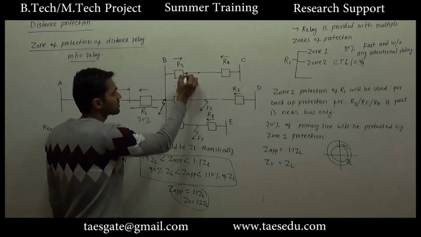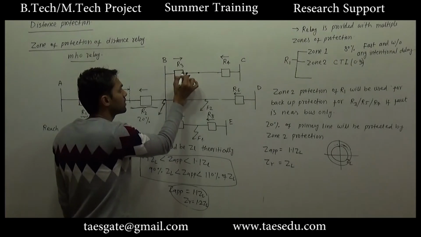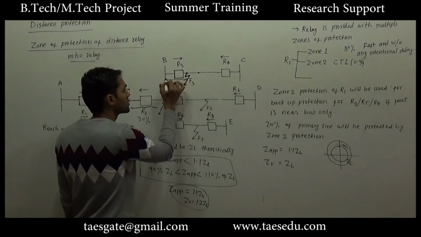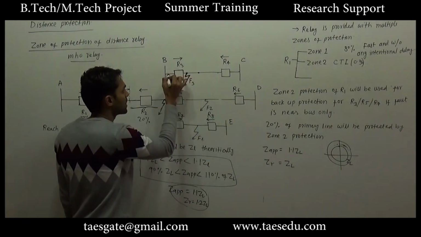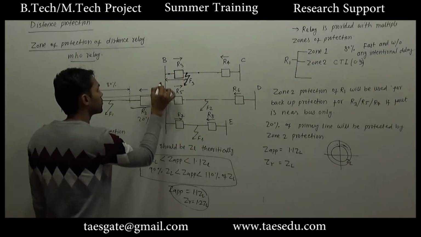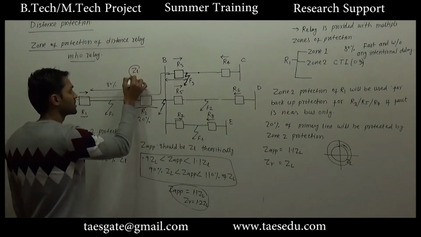This point means I have to show this point right to this relay. That's why a distance of this much appears to us, but this point is at B only. So the theoretical value of the total impedance should be approximately equal to ZL, but again there may be some variation.